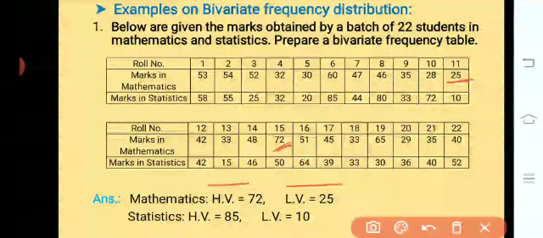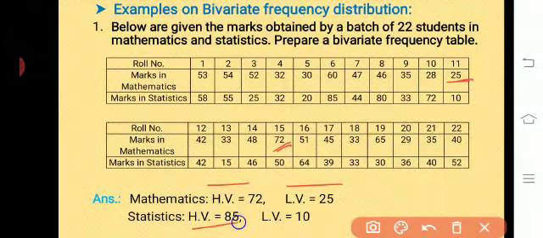Then if you observe the marks in statistics, the highest marks are 85 and the minimum marks are 10. So we have to take the class intervals according to this highest value and lowest value, both in statistics and mathematics.